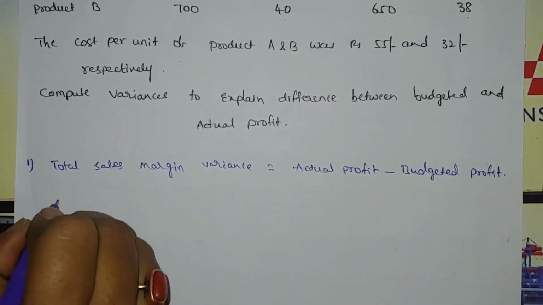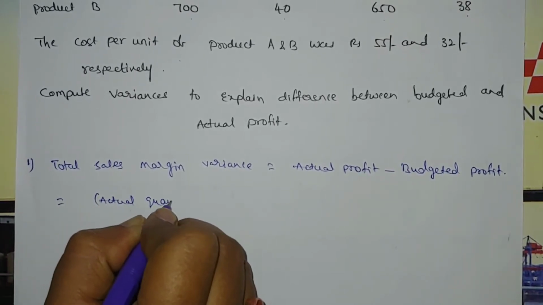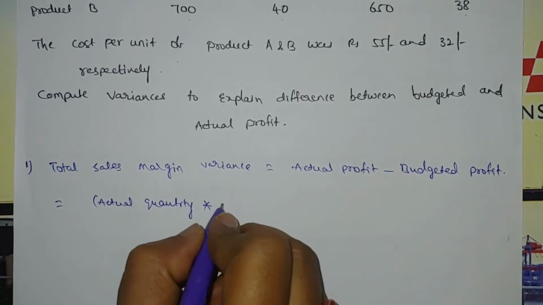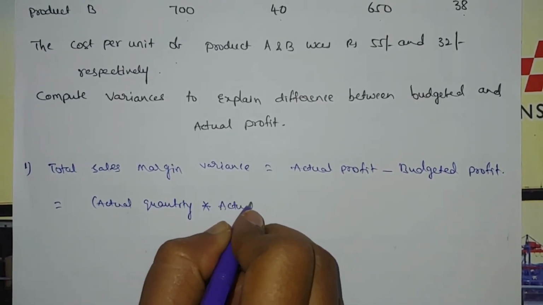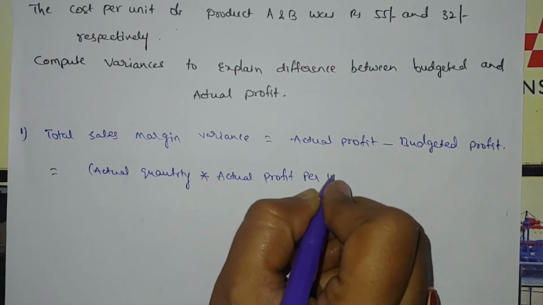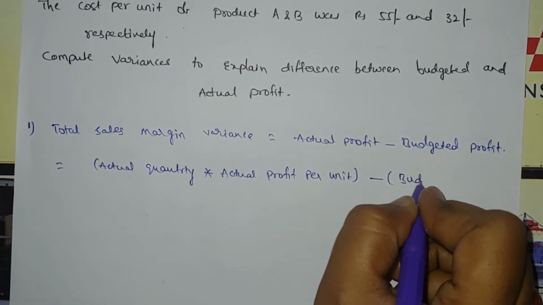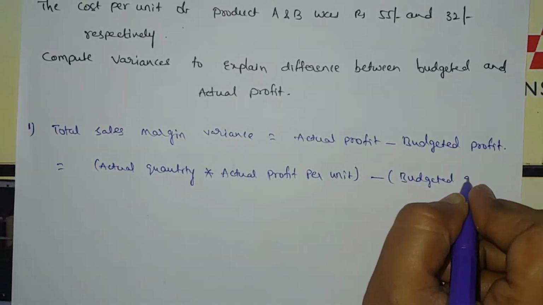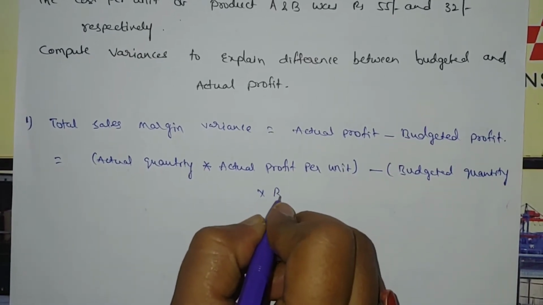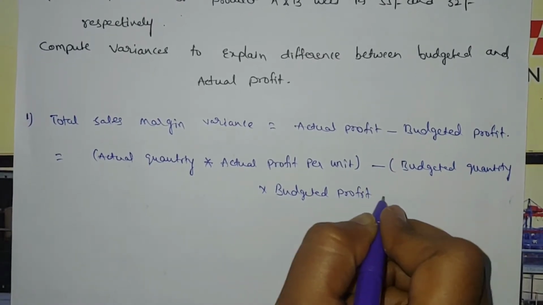In this, actual profit is equal to actual quantity into actual profit per unit, minus budgeted profit, which is equal to budgeted quantity into budgeted profit per unit.